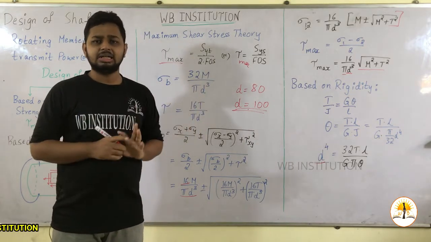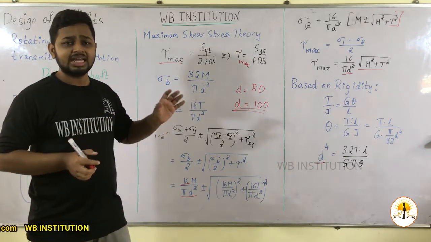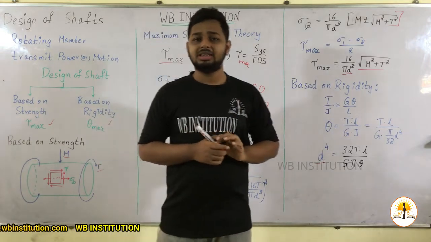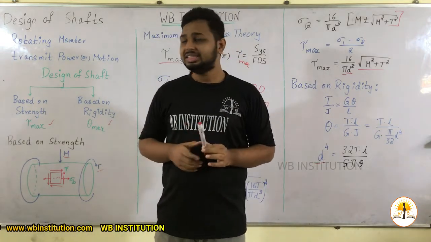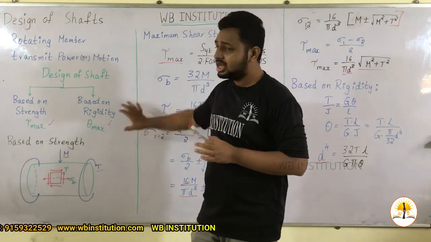For any dimensional values, that is the diameter, length, width, breadth or anything, we have to take the maximum value, which will give the safe value for the design. So this is entirely about design of shafts based on the strength and based on the rigidity.